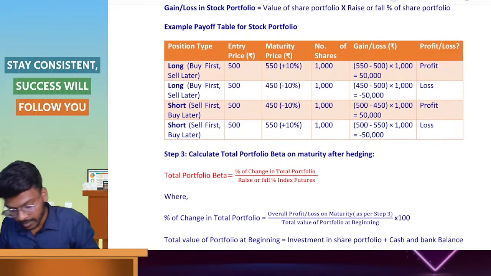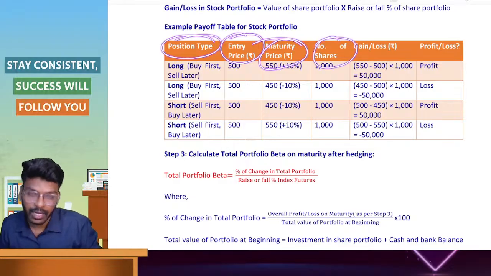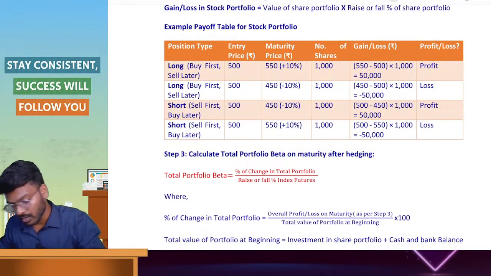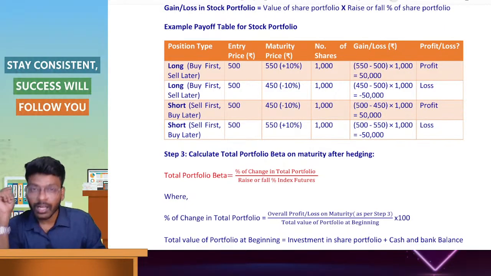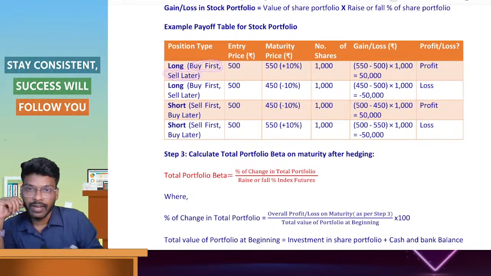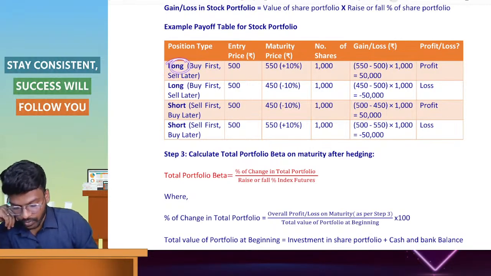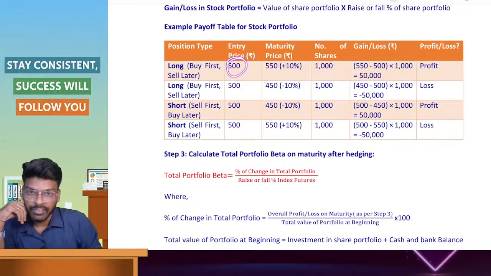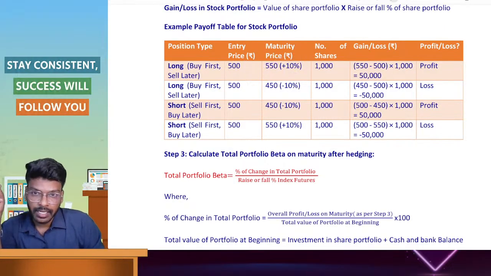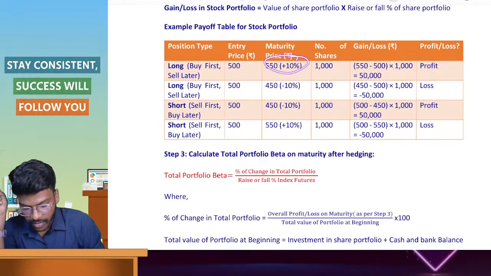In case of stock, we have position, entry price, maturity price, number of shares, and gain or loss, profit or loss. First, long position: buy first, sell later. We have a long position in share portfolio. Entry price is 50. On maturity, share price is increased 10%, so 55.